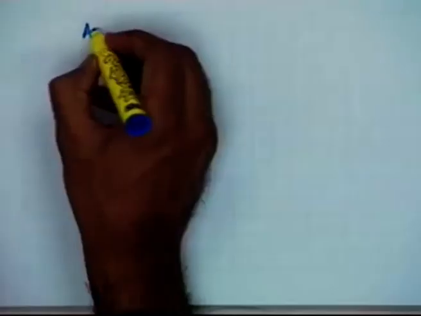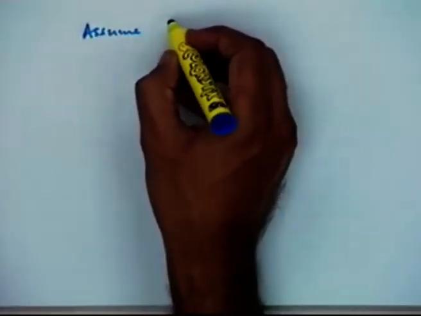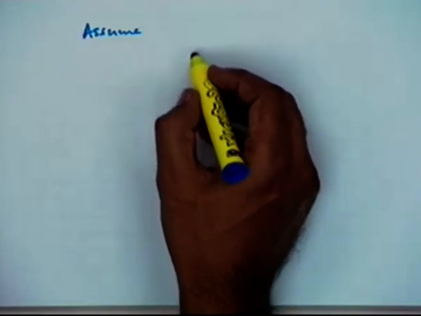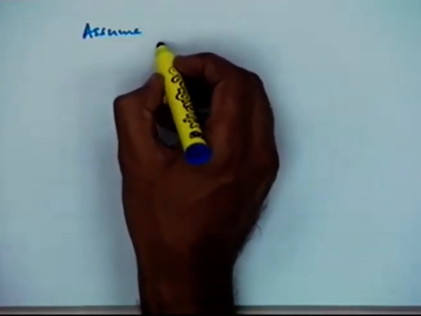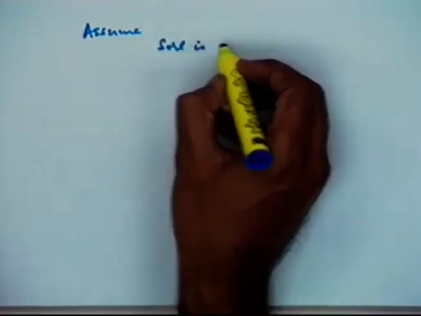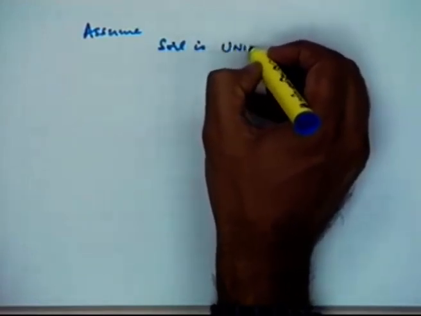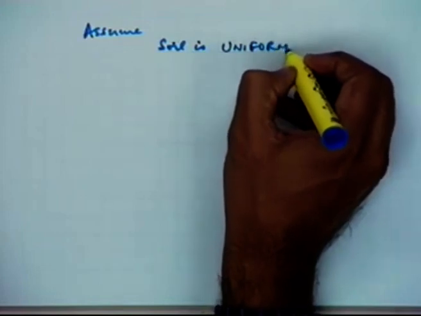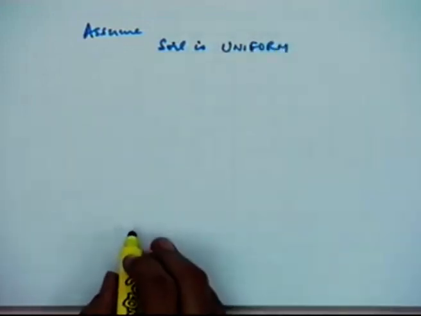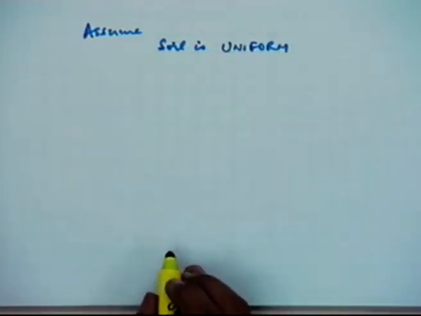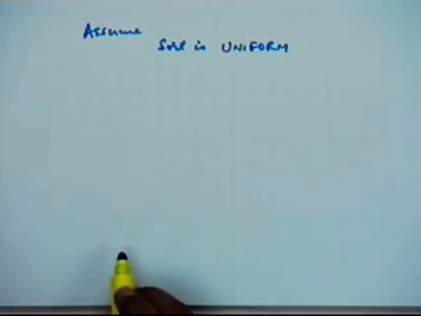Now let's assume that the soil is, we make two more assumptions. First, the soil is uniform. That means the soil characteristics are not changing for that particular field which is in question.